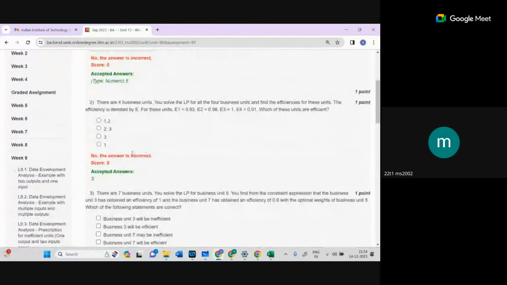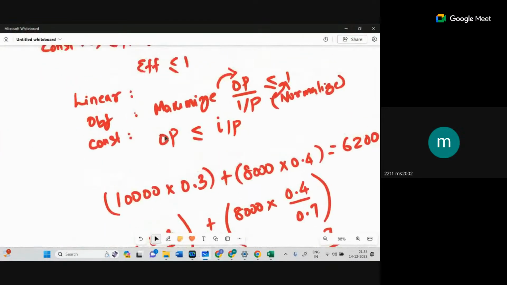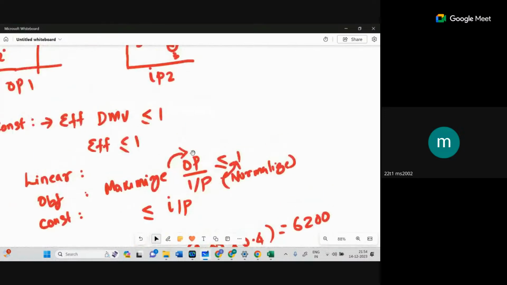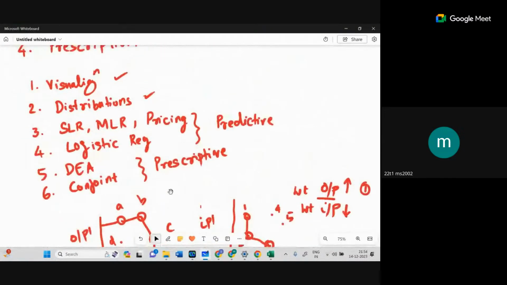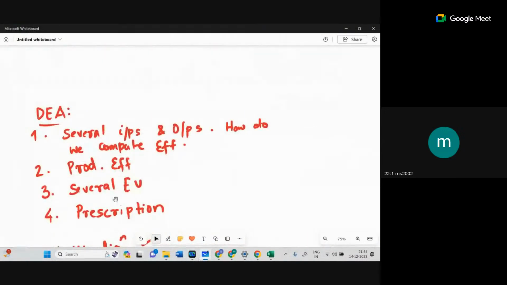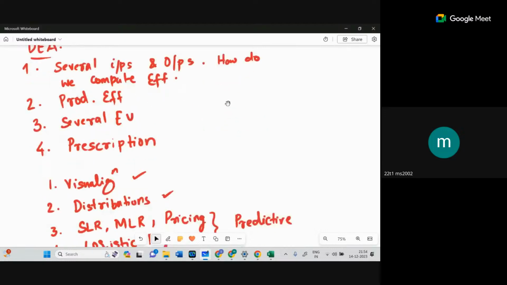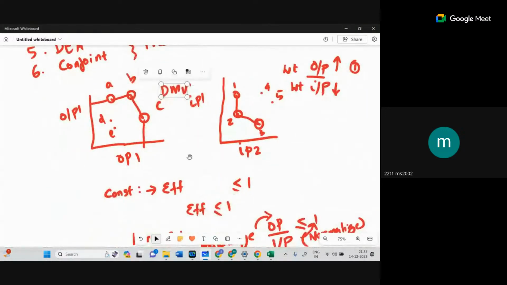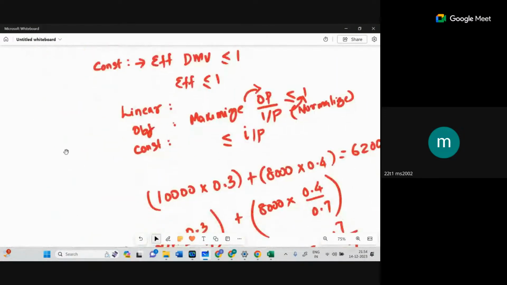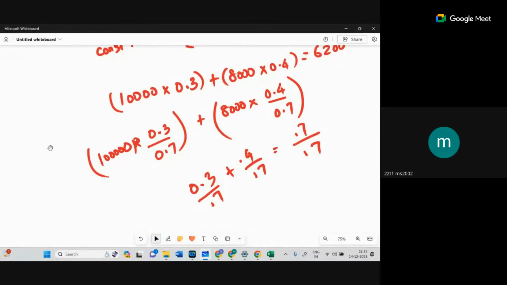These are all simple theoretical questions, and I've covered all of them. What is productive efficiency? What are we prescribing here? With several inputs, how do you normalize? And how do you convert a non-linear programming problem into a linear programming problem? So these are all simple theory.